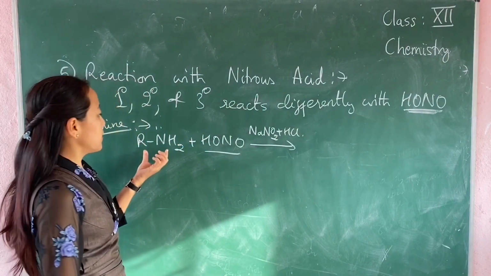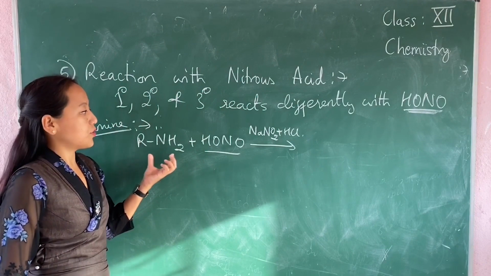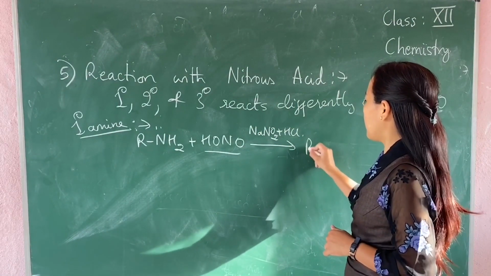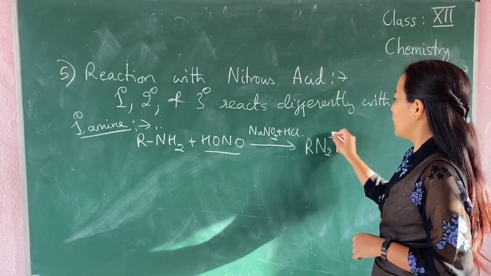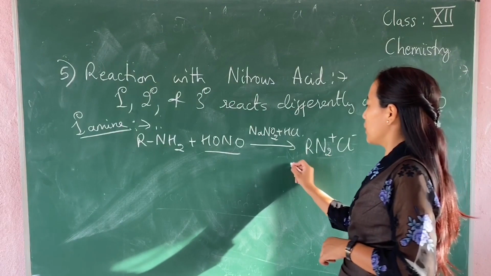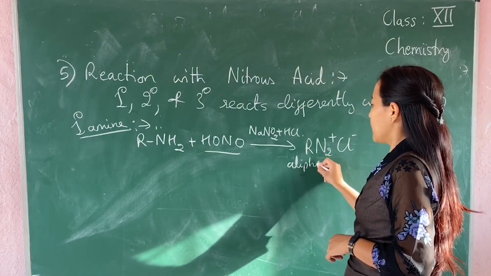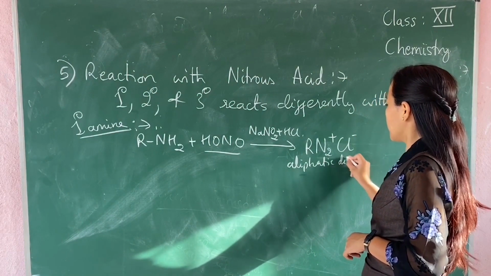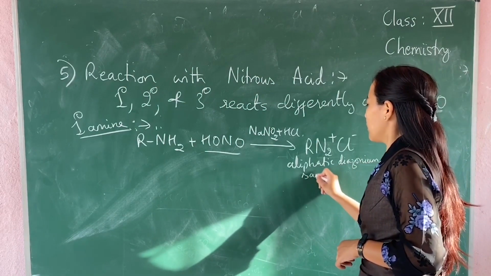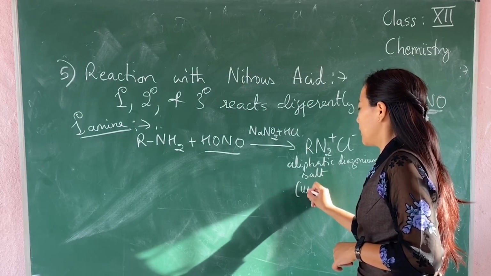Now what happens is when primary aliphatic amine is treated with nitrous acid, a diazonium salt is formed, that is RN2+ Cl-. Here the aliphatic diazonium salt is formed, which is very unstable.